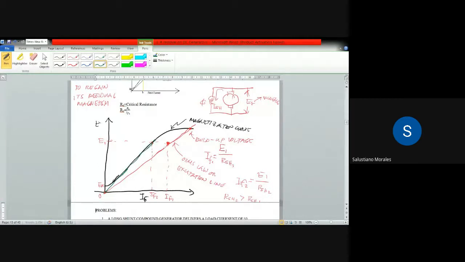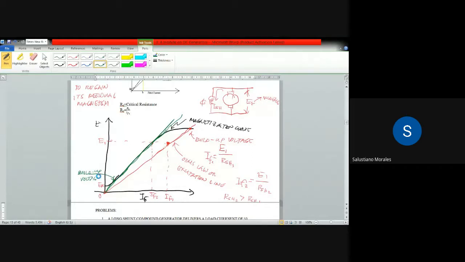So that almost coincides with the lower part of the magnetization curve. And the intersection of this curve is this one. Ito yung build-up voltage, which is a low value, slightly higher than the residual voltage.